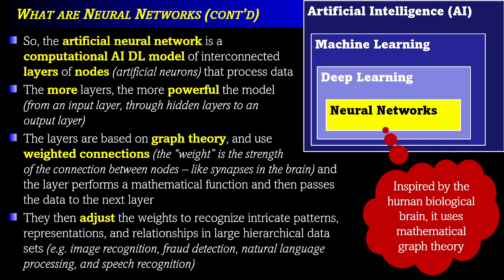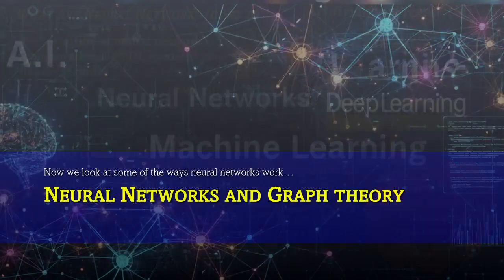The next layer then adjusts the weight to recognize intricate patterns, representations, and relationships in large hierarchical data. For example, this could be image recognition, or fraud detection, or natural language processing, or speech recognition. So, the neural network inspired by the biological brain uses mathematical theories like graph theory.